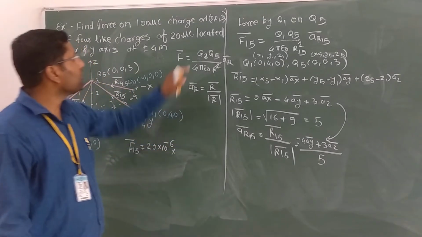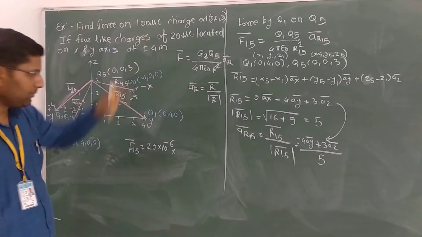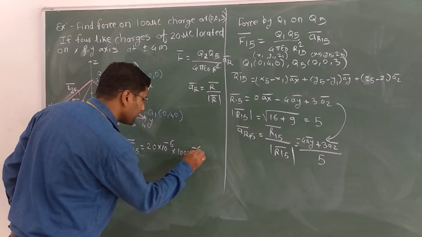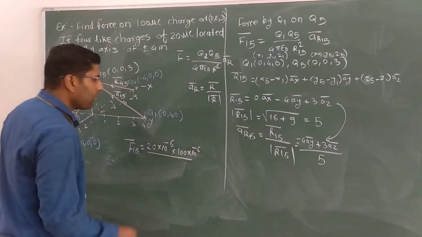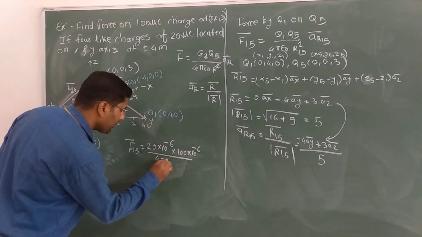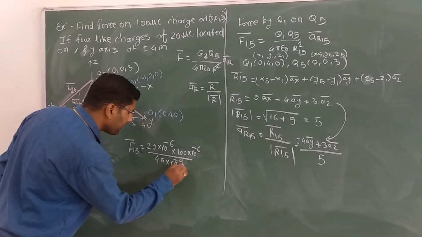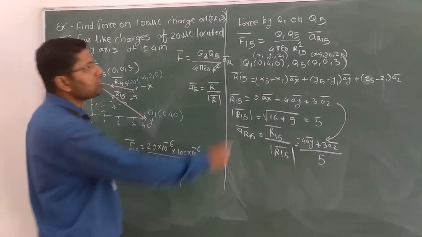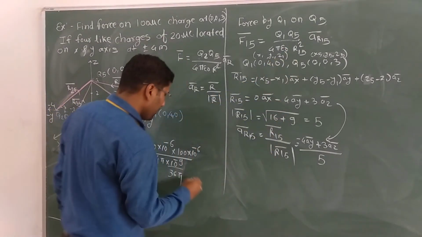What is the value of Q5? 100 microcoulomb, so 100 into 10 raised to minus 6. Divide by 4 pi into 10 raised to minus 9 divided by 36 pi. I am writing directly the value of epsilon 0.